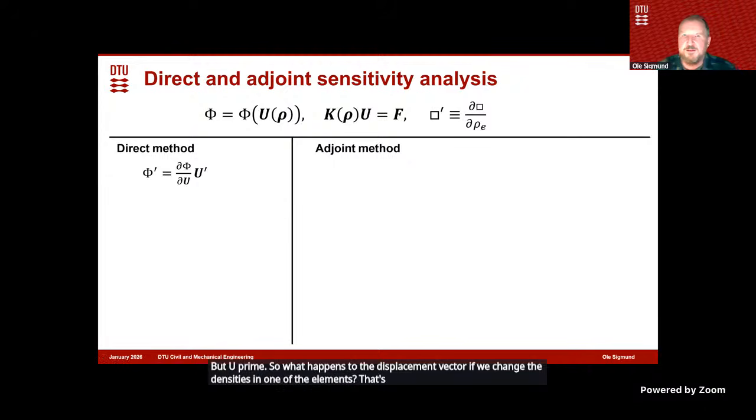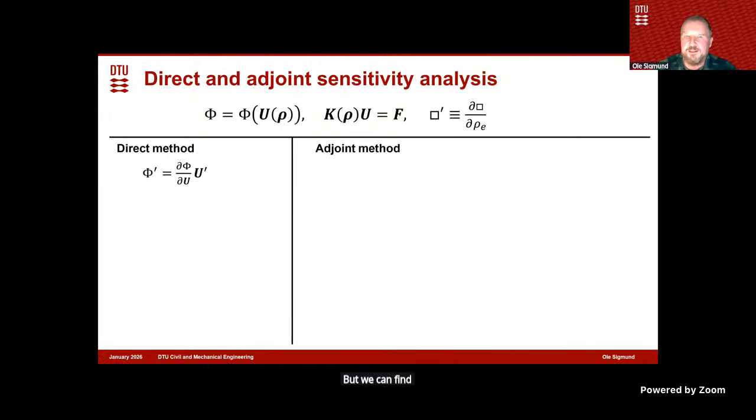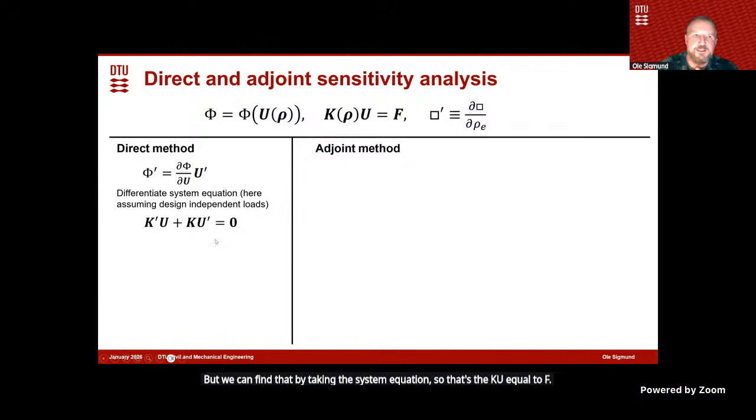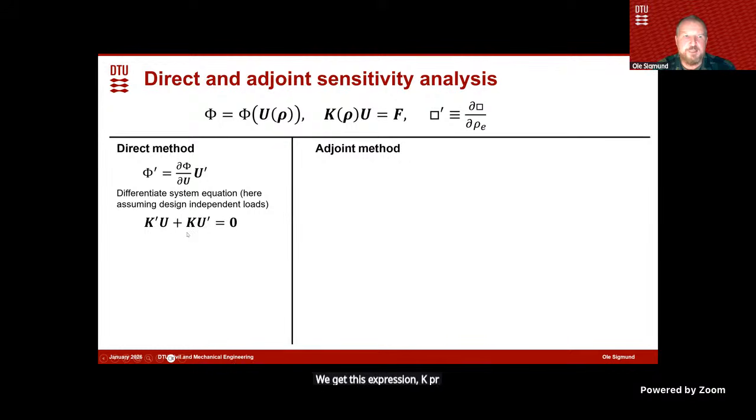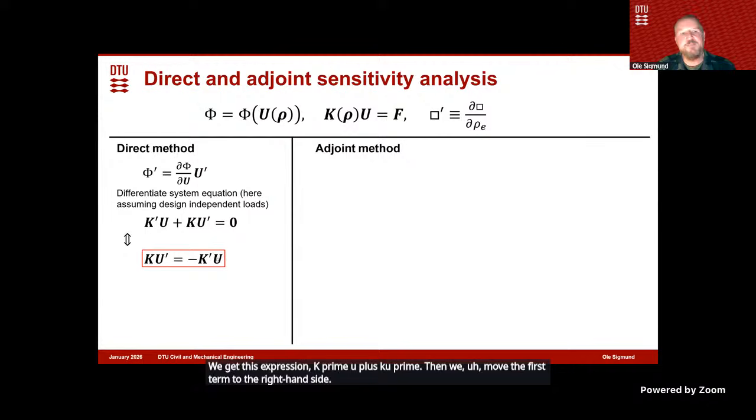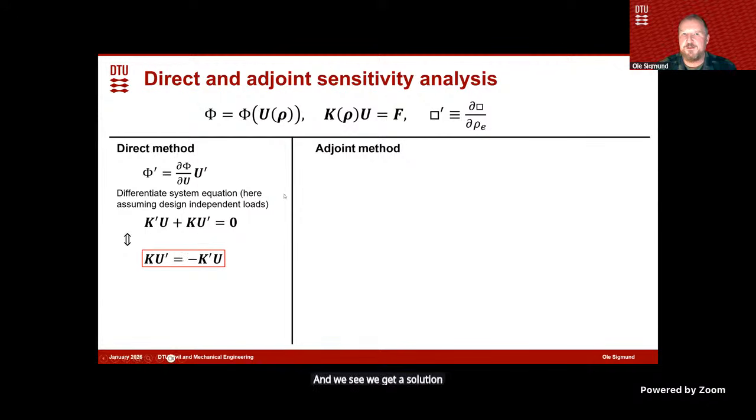That's harder. But we can find that by taking the system equation, so that's the Ku equal to f, and differentiate it, again, assuming that there's no design dependence of the load. We get this expression, k prime u plus k u prime. Then we move the first term to the right-hand side, and we see we get a solution that actually looks like the original solution.